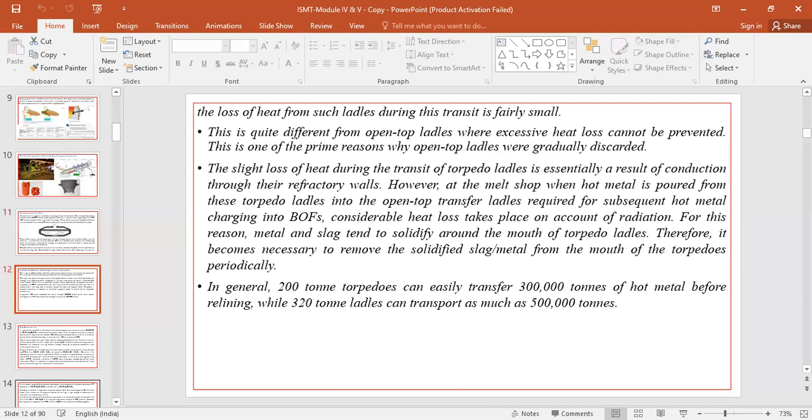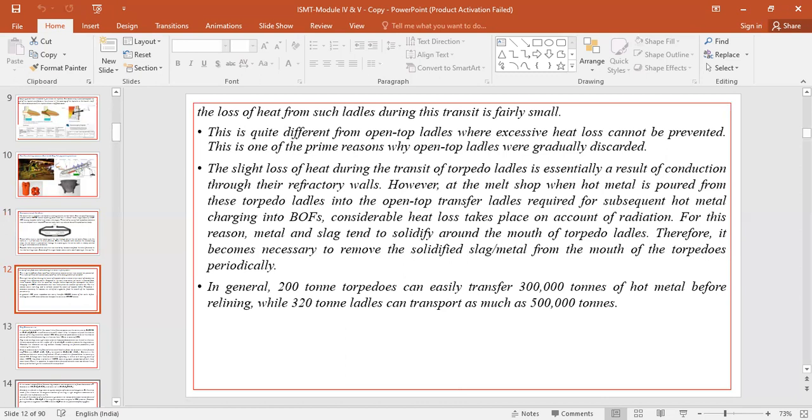However, at the melt shop, when hot metal is poured from the torpedo ladles into the transfer ladles, and during subsequent charging into the basic oxygen furnaces, considerable heat loss takes place through radiation.